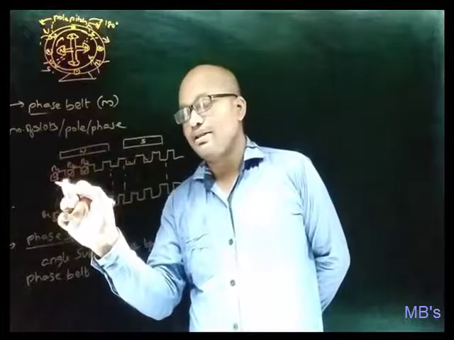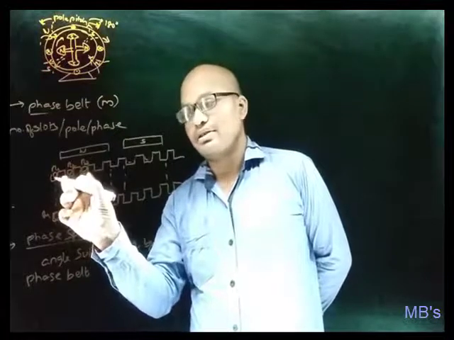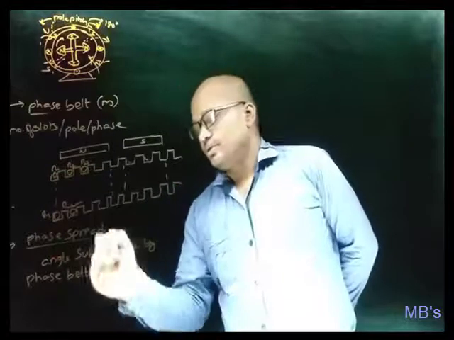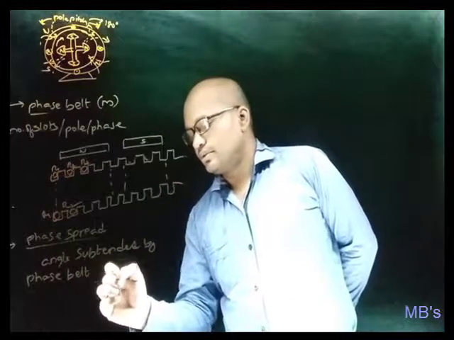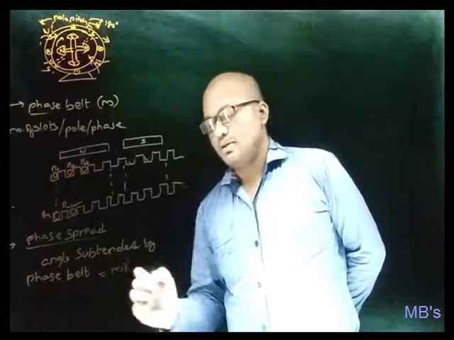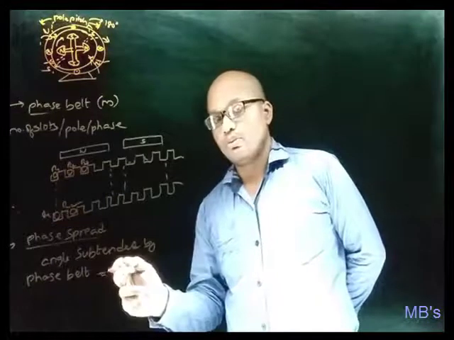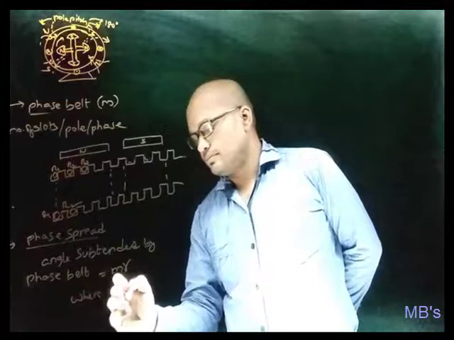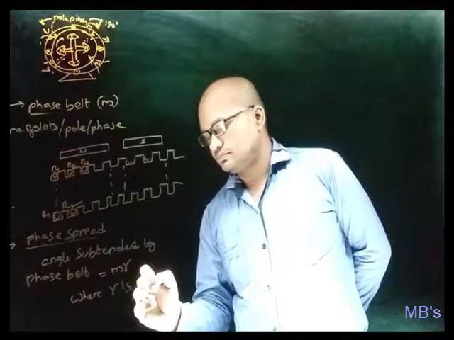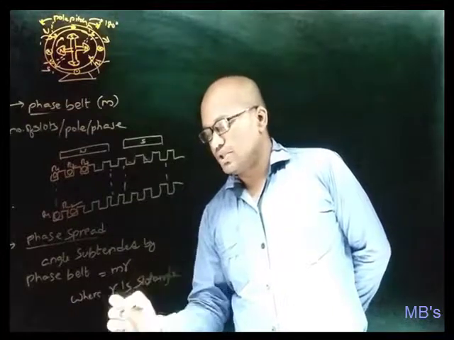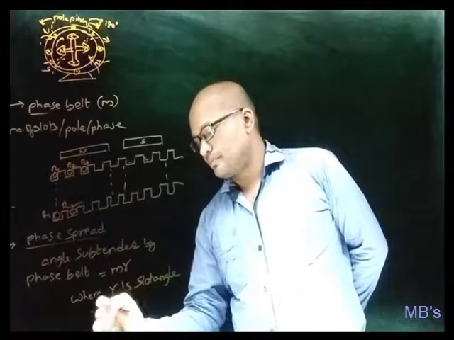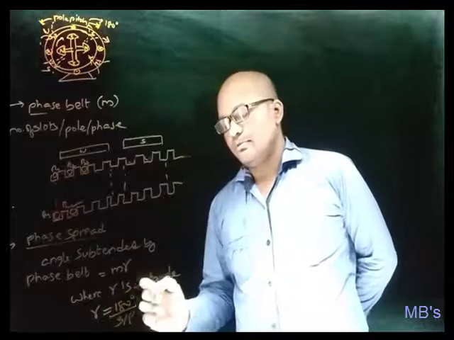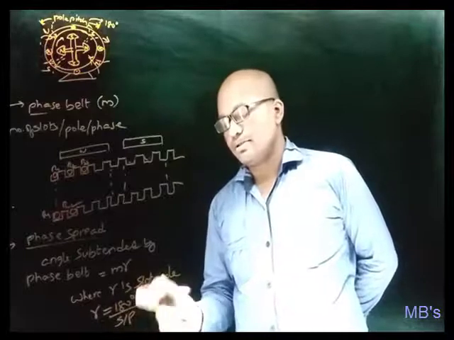The angle subtended by this phase belt is known as the phase spread, which is given by M into gamma, where M is the number of slots per pole per phase and gamma is the slot angle, which is given by 180 degrees by S by P, where S is the number of slots and P is the number of poles.